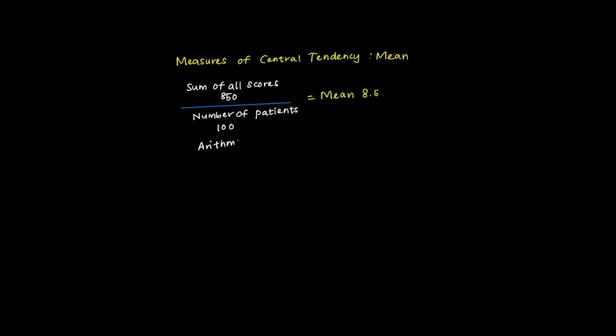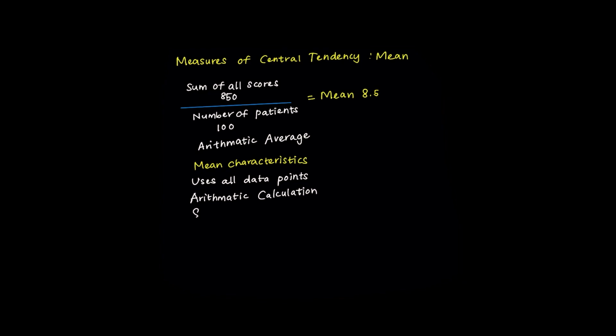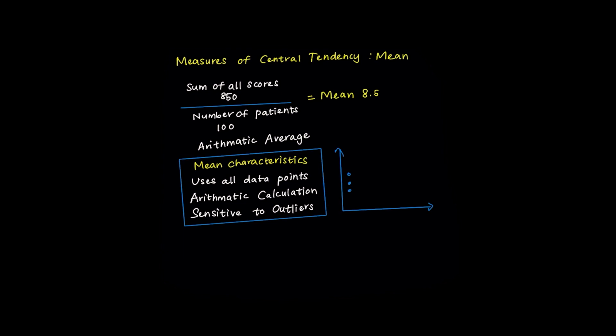You sum up every single value in your dataset and then divide by how many values you have. If you surveyed 100 patients and their satisfaction scores added up to 850, you divide 850 by 100 to get 8.5. The mean is the most commonly used measure of central tendency because it uses all the data points and has nice mathematical properties that make it useful for further statistical analysis.